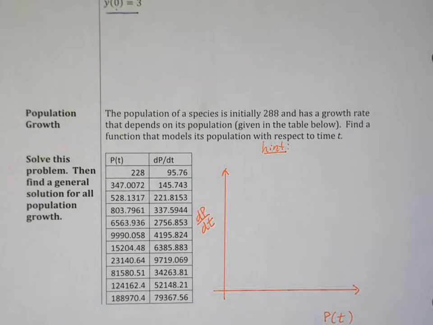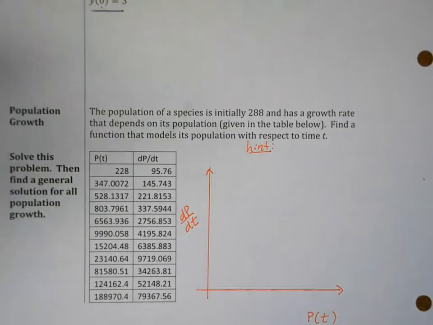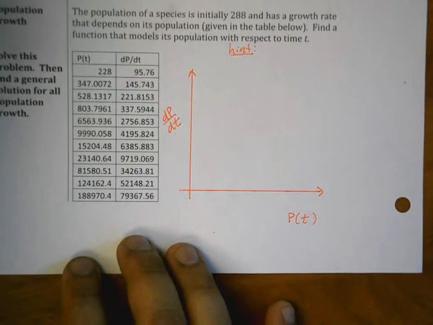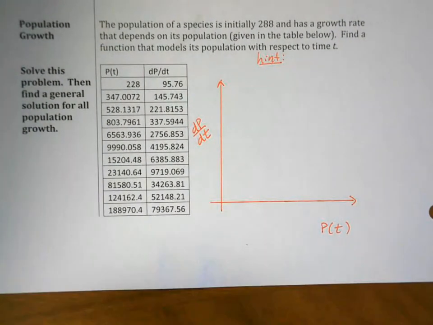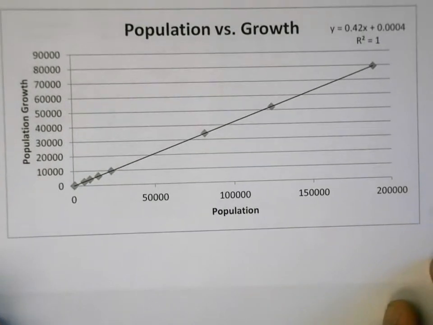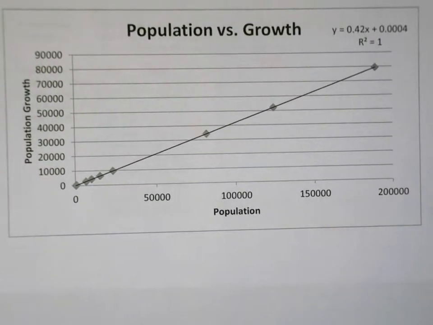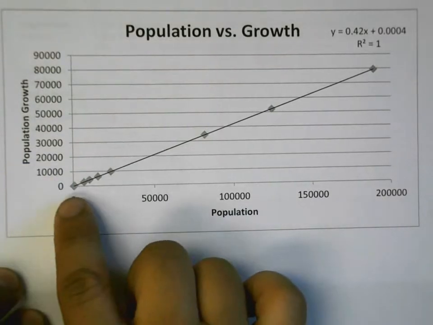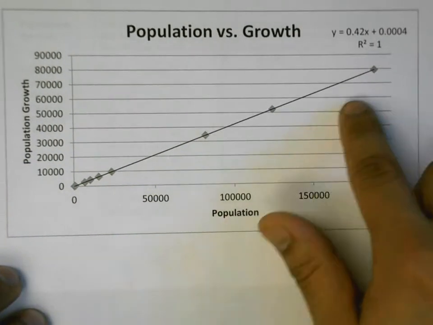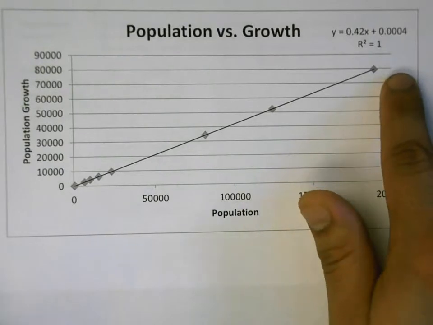And I left this hint to try and graph this, graphing the population on the horizontal axis and the vertical axis where you would want to graph the growth rate. So I did that, and this is the picture that I got. And you can see here, population versus population growth exhibits almost a perfectly linear equation.